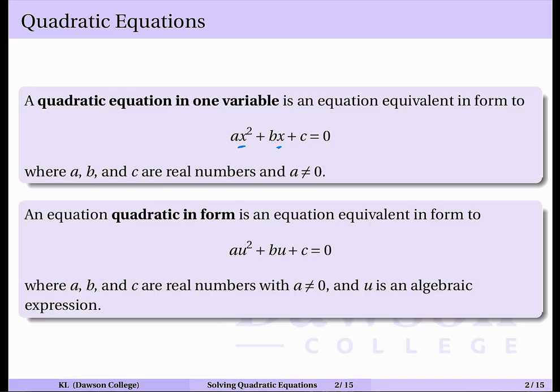So, for example, you can have something like a times (x plus 1) squared plus b times (x plus 1) plus c equals 0. If you look at this, you got x plus 1 here and x plus 1 here.